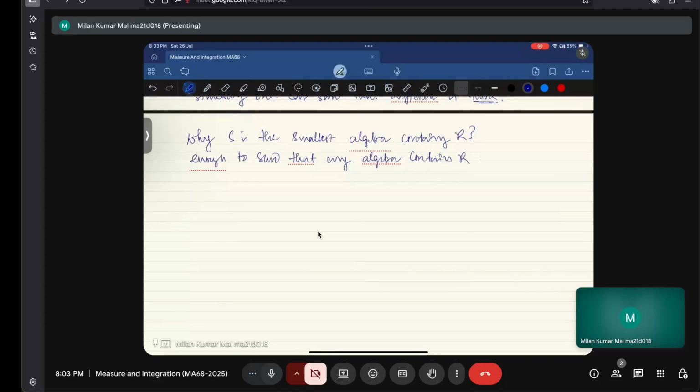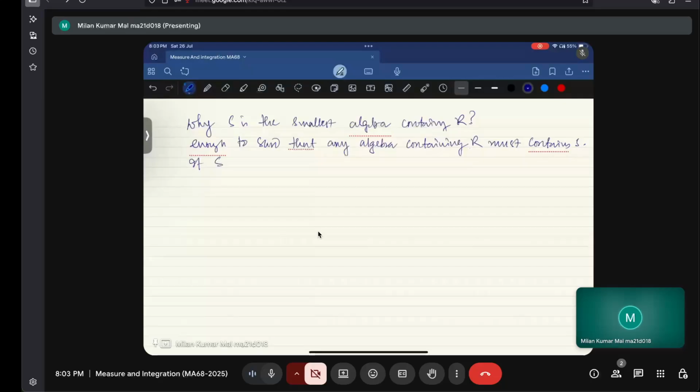So it is enough to show that any algebra containing R must contain S.